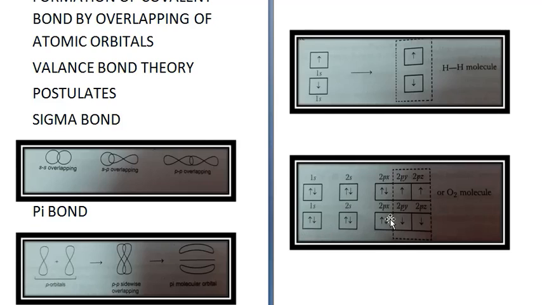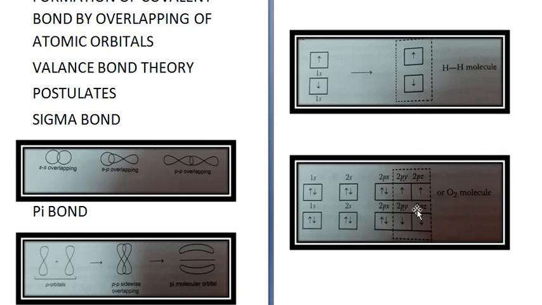Till here, the electrons are paired, so these will not take part in bond formation. But the unpaired electrons, the four of them, will take part in bond formation and combine together. So they will form the O2 molecule. In this, one will be a sigma bond and one will be a pi bond.